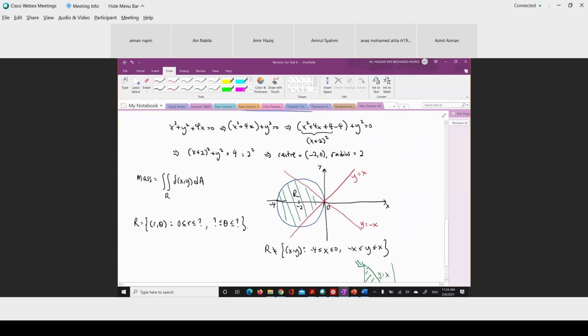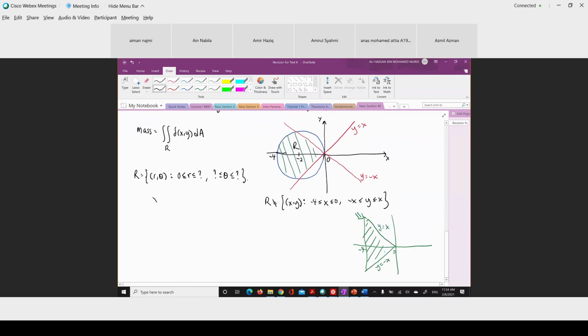So go back to the Cartesian equation. We replace x by r cos theta, y by r sin theta. We get r squared for x squared plus y squared, and then x becomes r cos theta. So that gives r squared equal to what?